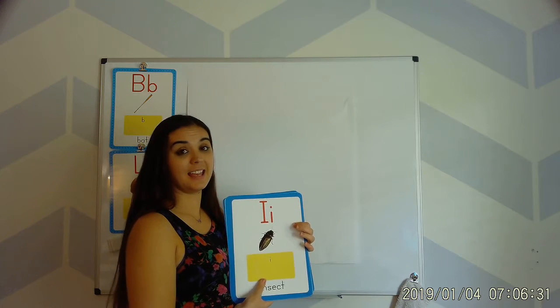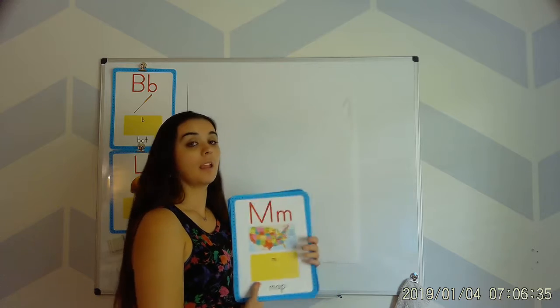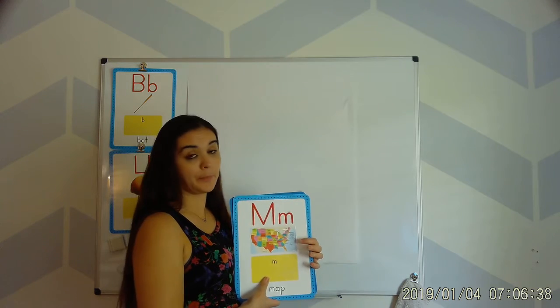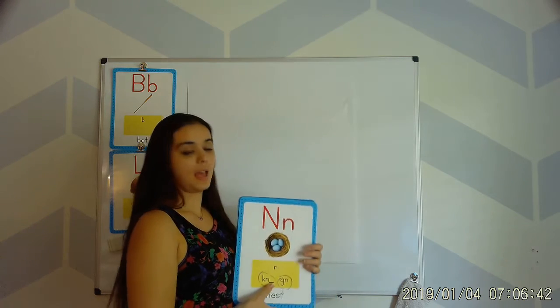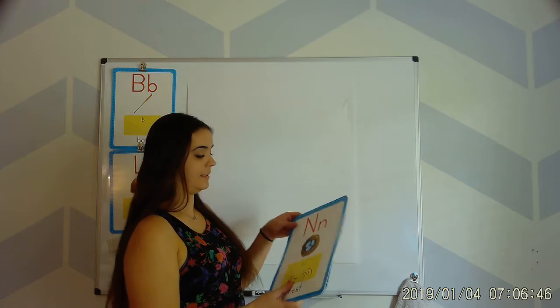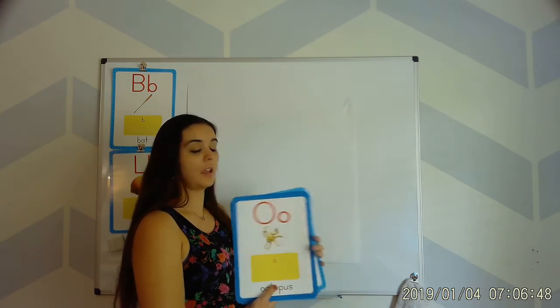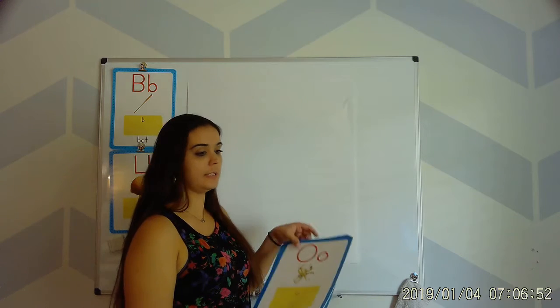I says ih, like insect. M says mm, like map. N says nn, like nest. O says ah, like octopus.